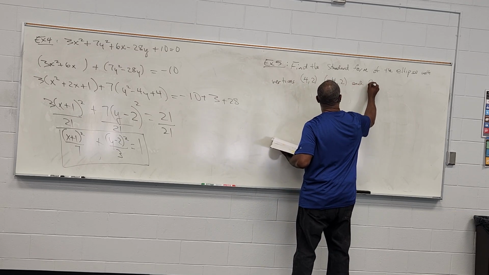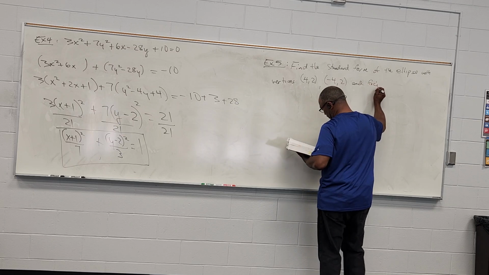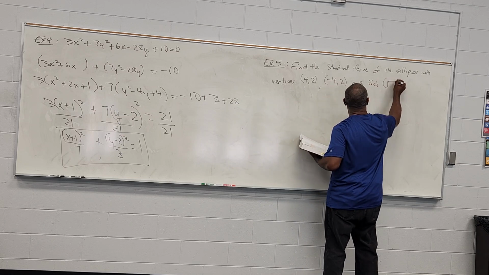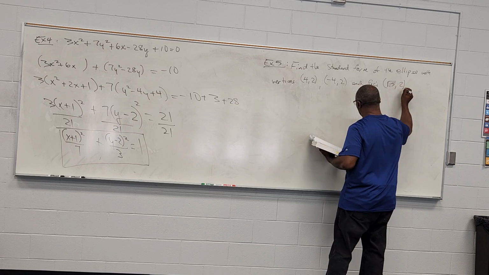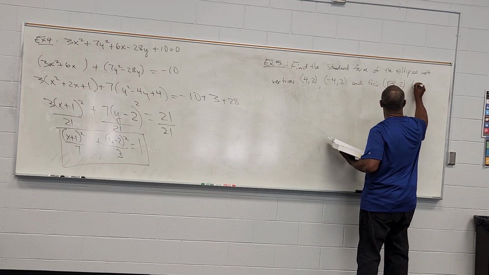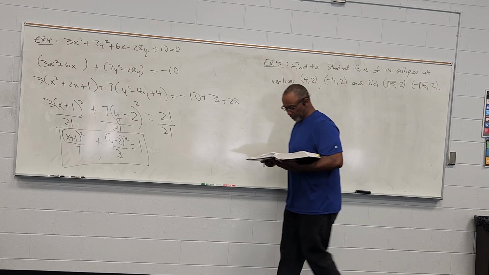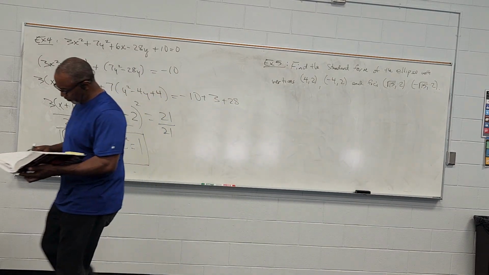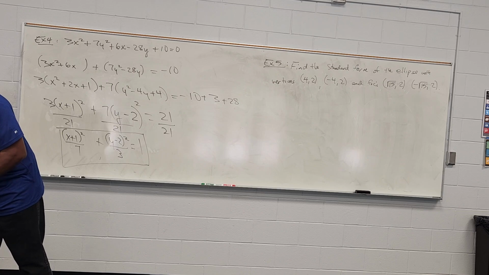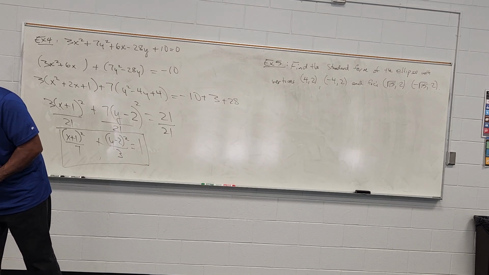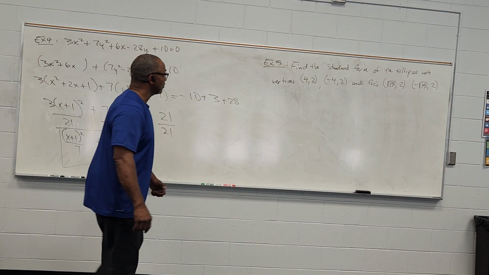And they give us foci, square root of 15 comma 2, and negative square root of 15 comma 2. So all they gave us was the vertices and the foci, and they want us to write the equation of the ellipse.